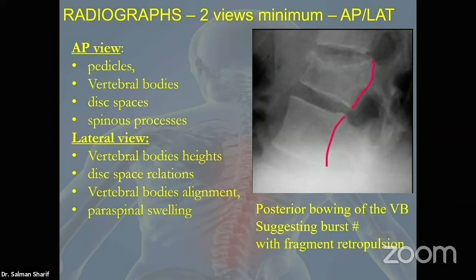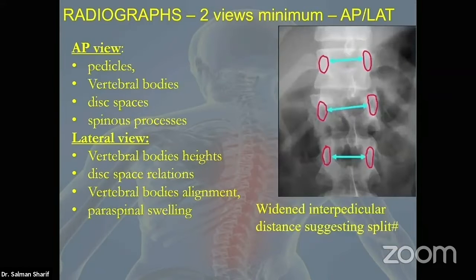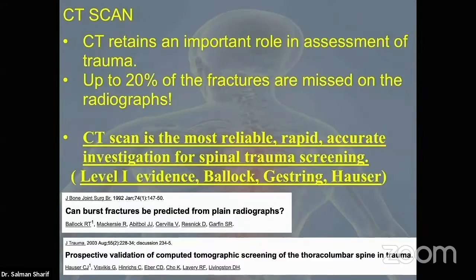A good example of a radiograph shows bulging of the vertebral body suggesting a burst fracture with ligament retropulsion. Another good example on AP view shows widening of the interpedicular distance suggesting a split fracture.